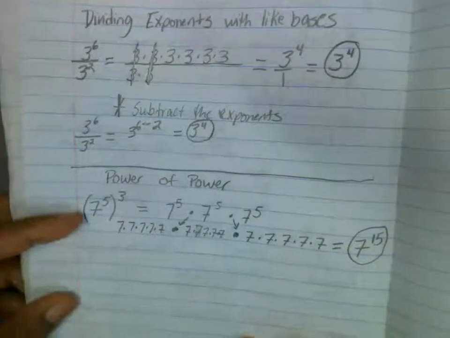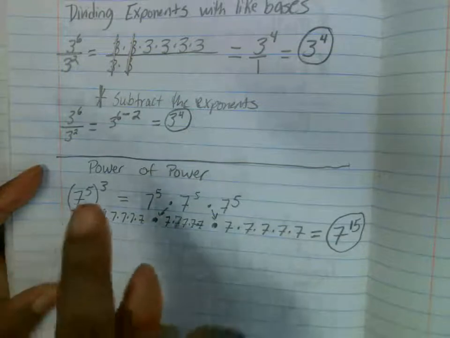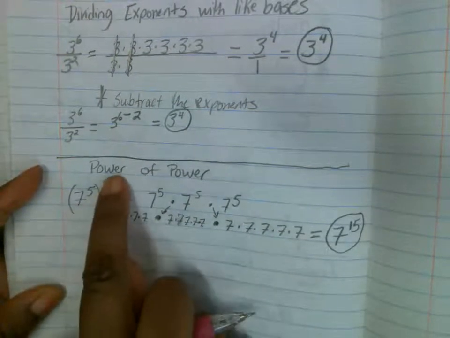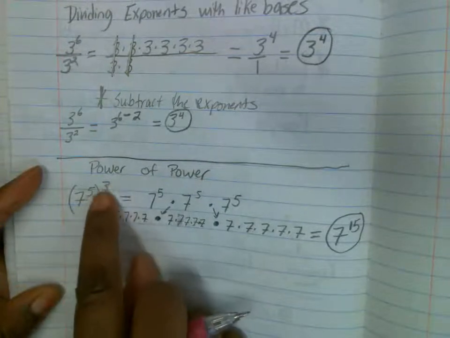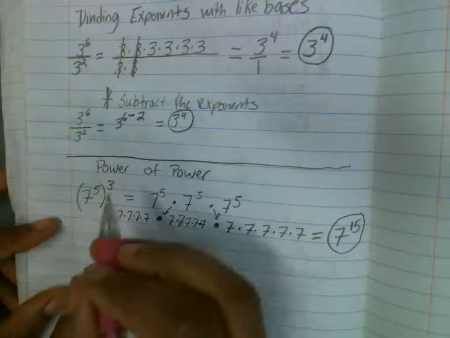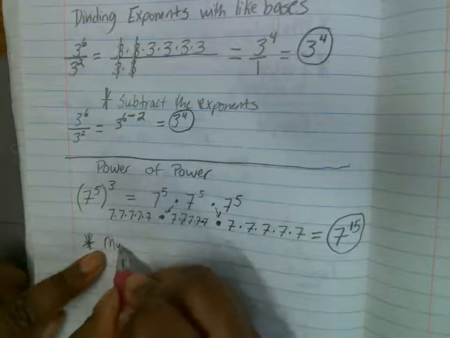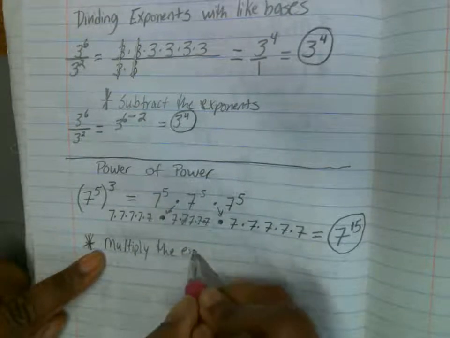Okay, so again, Aaron just said it. The shortcut here, as you can notice, is when you have a power of a power, or an exponent raised to another exponent, just multiply them together. So you multiply the exponents.